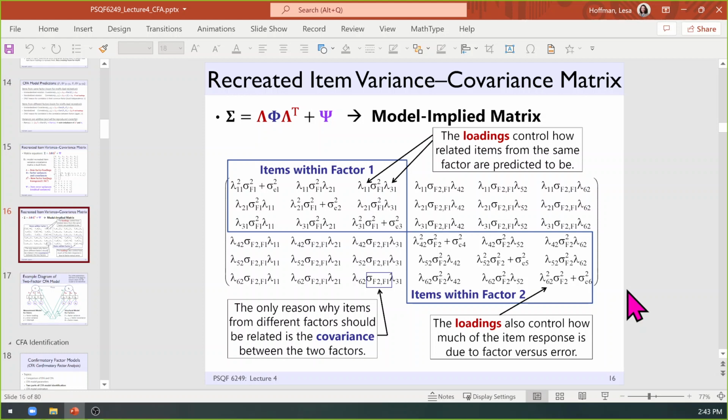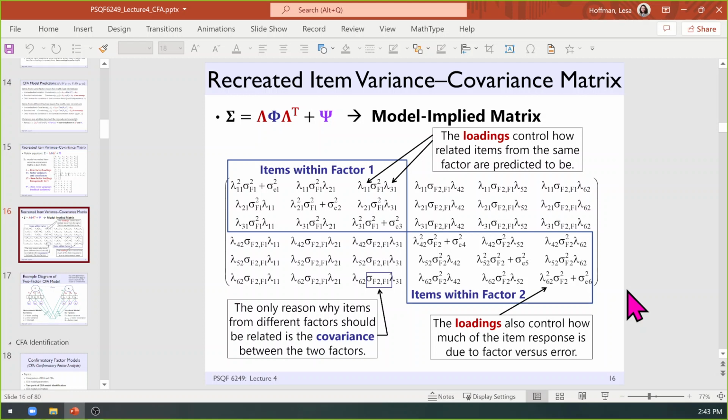Ah, so you're not doing any of this. This is all happening for you by the program. The purpose of this slide is to show you how the factor model equation and the diagram, so all the parameters that are in that model, combine together to recreate the variance of each item and the covariances between the items.